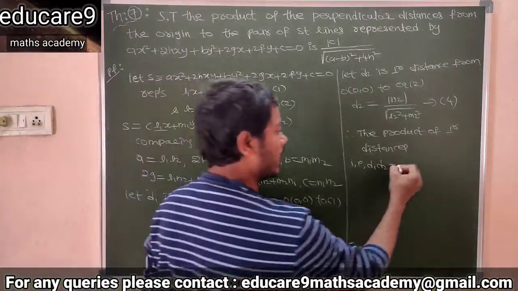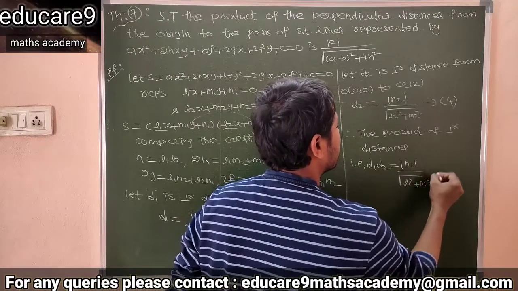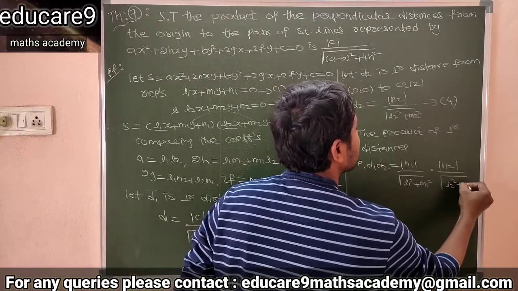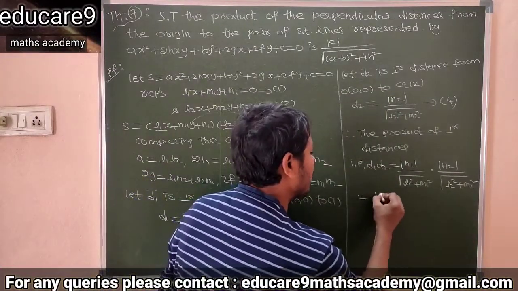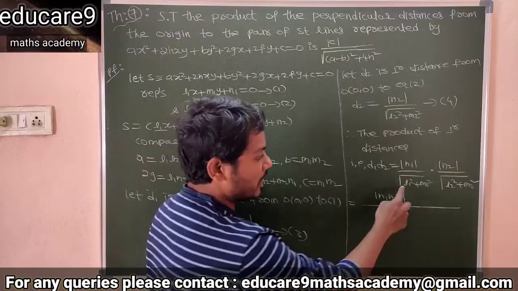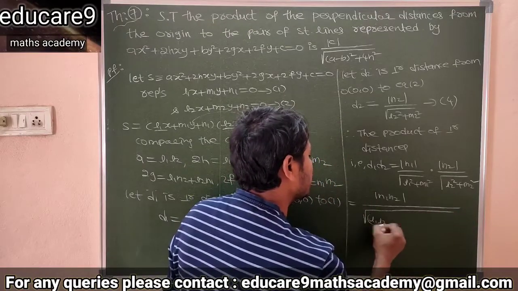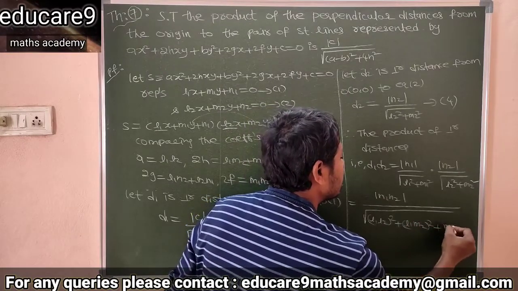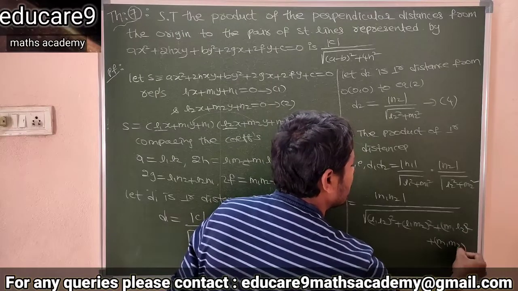This one: |N1| by the square root of L1² + M1², times |N2| by the square root of L2² + M2². Now multiplying these two, what do you get? The modulus of N1N2, divided by the square root of (L1L2)² + (L1M2)² + (M1L2)² + (M1M2)².